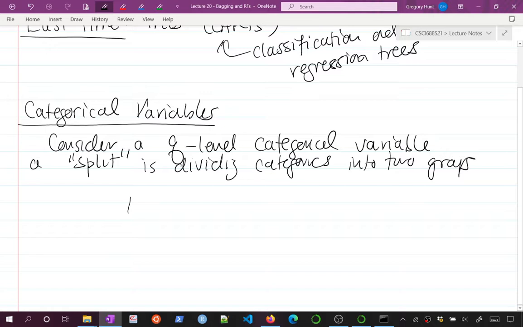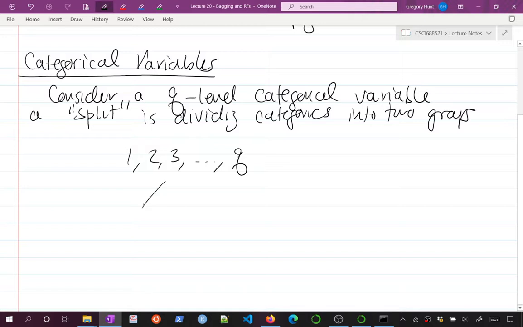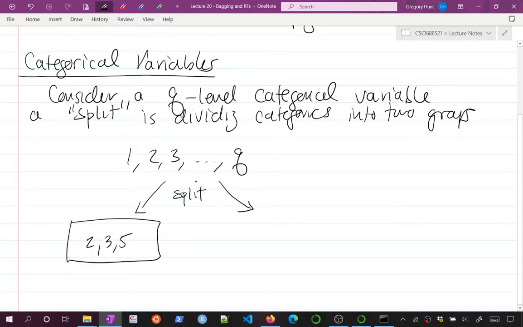So maybe I have my categorical variable that has levels 1, 2, 3, all the way up to level Q, and I'm going to split here, and so maybe I put levels 2, 3, and 5 in one category and 1, 7, and all the way up to, I don't know, Q in another category.